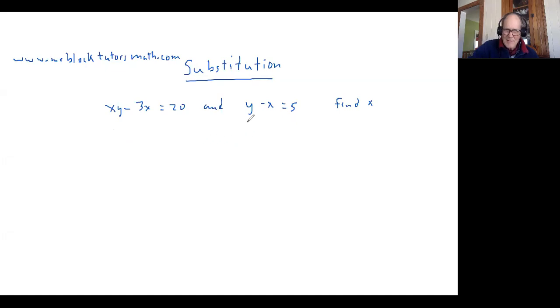All I have to do is take this equation and move that x over by adding an x to both sides and get 5 plus x. Then take that 5 plus x and substitute it into y.